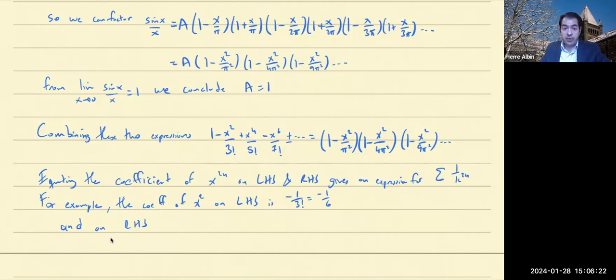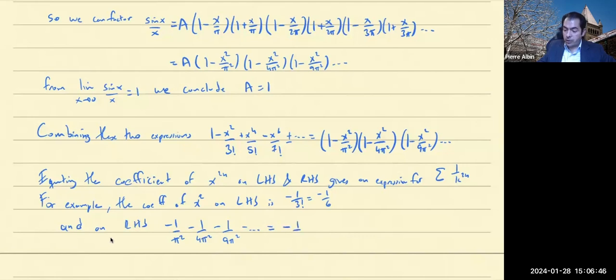If we're only going to end up with x squared, then we have to have all of these factors contribute 1, except for one of the factors, which will contribute minus 1 over some multiple of pi squared, right? So that means that here we would end up with minus 1 over pi squared, minus 1 over 4 pi squared, minus 1 over 9 pi squared, and so on.